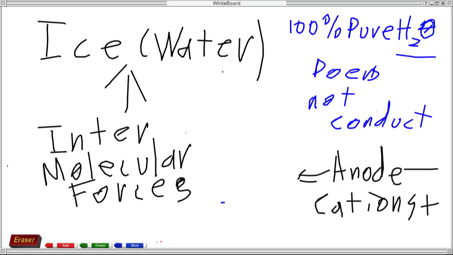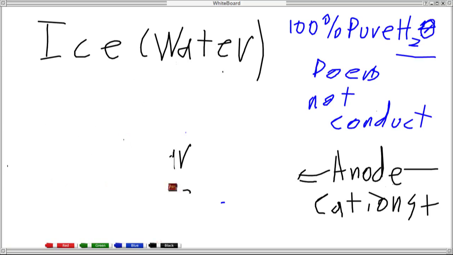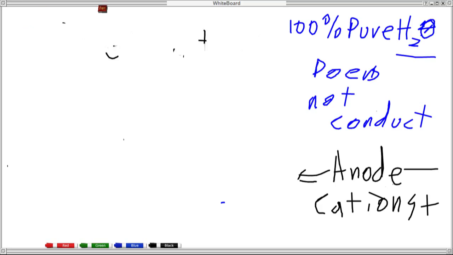You can explore this property, for example, if you throw salt on the ice, it'll tend to melt because it'll disrupt this intermolecular force. But anyway, getting back to the properties of water.